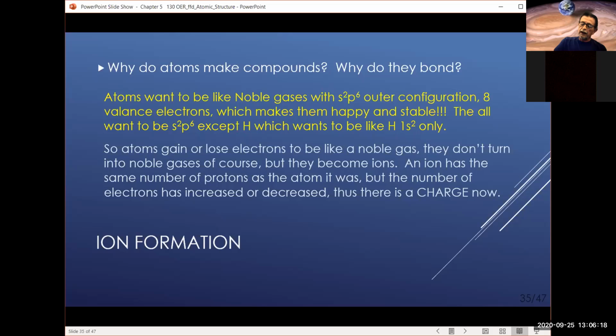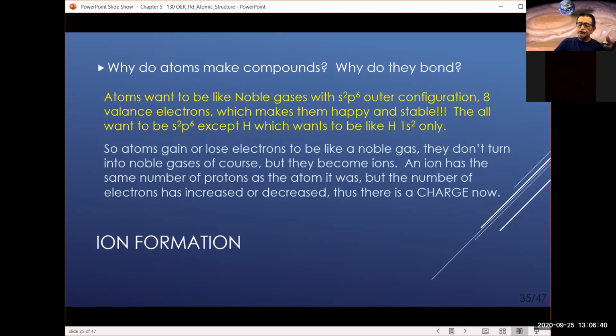So we get the element, which is neutral because they have an equal number of protons and an equal number of electrons. And once they gain or lose an electron, now they become what are called ions. They are ionic in nature. They have a full charge, either full positive or full negative charge.